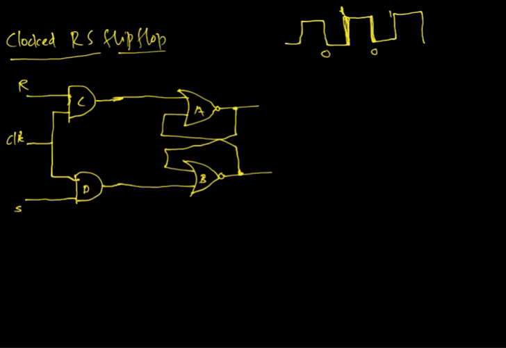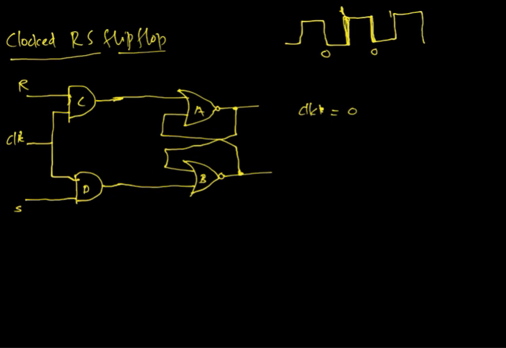That is, when clock is at 0, then whatever may be the values of R and S, the output of C and D are 0, or we can say that the AND gates C and D are disabled. So input signals R and S cannot be transferred to the NOR gates A and B, and therefore NOR gates A and B simply behave as a simple latch circuit holding the previous values of signal at the output.